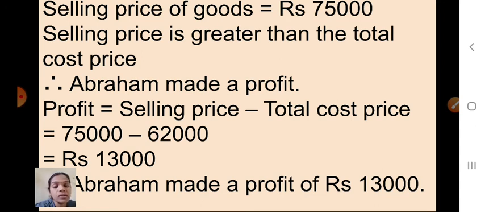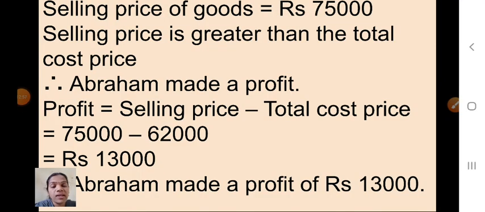Children, the textbook has four exercises in this chapter. The last two exercises are the omitted portion, and the first two are the reduced portion. So the first two, the word problems, you have to practice at home. I hope you understood this one.